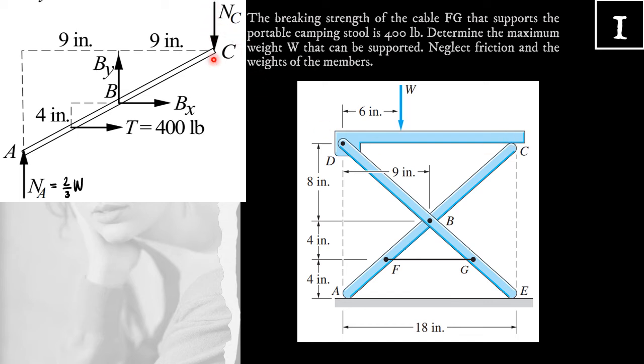Law of action and reaction. And from equation 2, NC is equal to 1/3 W. Now this is the reason I'm talking about. The reason we expressed or solved for NA and NC in terms of W.